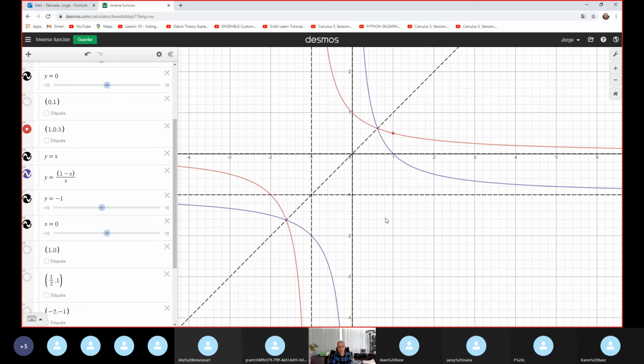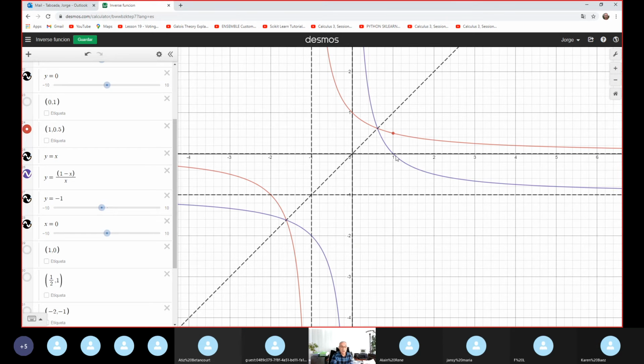So x = -1 in the original was the vertical asymptote. However, in the inverse it was the horizontal asymptote, y = -1. And likewise, in the original, the horizontal asymptote was 0, this line.